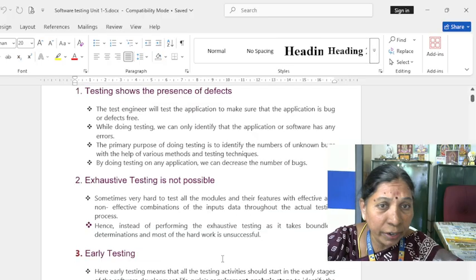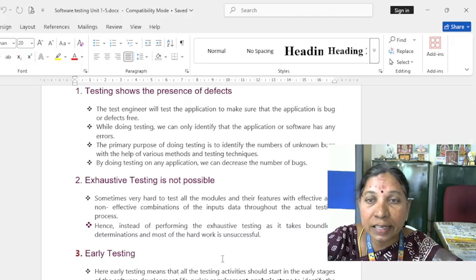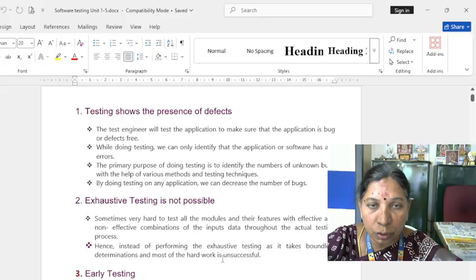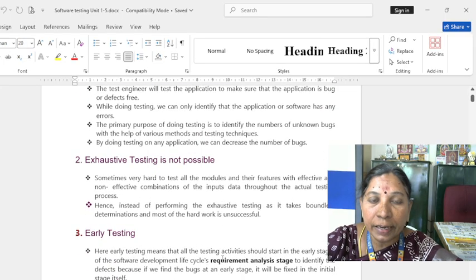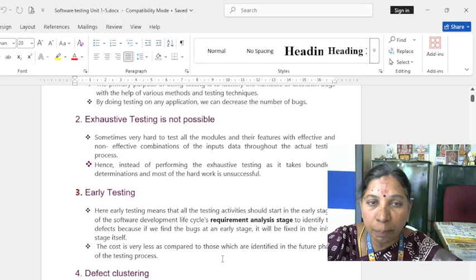And the last point is, by doing testing on any application, we can decrease the number of bugs. Totally, the first point, testing shows the presence of defects, means it indicates all errors or bugs. Okay, and the second one is exhaustive testing is not possible.